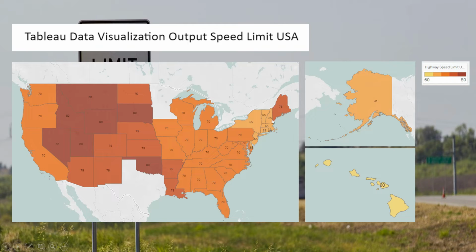Massachusetts, basically this whole area up here in the North Atlantic, excluding Pennsylvania, is 65 miles per hour. I remember in Pennsylvania, when I was driving to places like Hershey Park and Dorney Park, the speed limit on 78 was 70 miles per hour. But when I entered New Jersey, it was still 65 miles per hour.